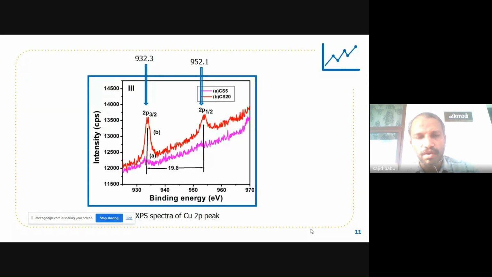In the in-depth scan of copper peaks, we got Cu 2p 3/2 at 932.3 electron volt and 2p 1/2 at 952.1 electron volt, which means that Cu exists in the +1 oxidation state, and the intensity of this peak increases as the percentage of Cu2S increases. We have not obtained the satellite peak, which means the presence of Cu2+ is not observed in the XPS spectra, so Cu exists in the +1 oxidation state.